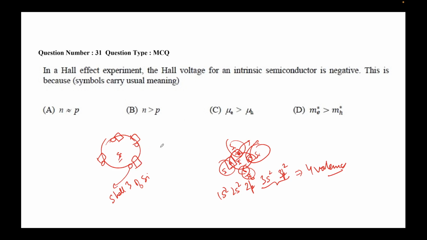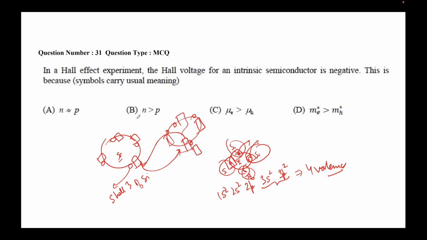A hole is not so easy. For a hole to conduct, there has to be another hole nearby. Let's say there are 4 electrons here. How can this hole come from here to here? It is only possible when this electron jumps from here to here. So effectively the hole has come from here to here, and it's easier to ionize an electron.